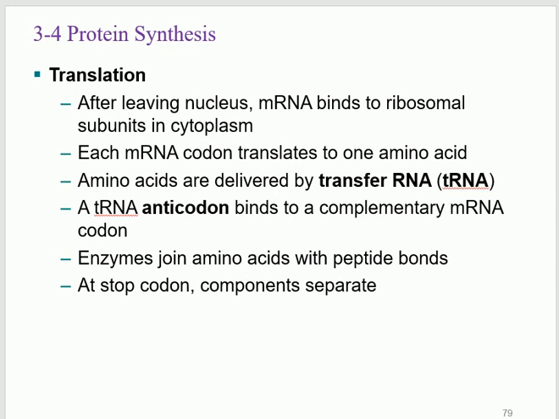So the codon is the code on the messenger RNA. The anti-codon is the code on the transfer RNA. They have to fit together to make sure. If you're sure, okay, leave. I got one amino acid. And then I read the next one. What's the next one? GAT or GAU.